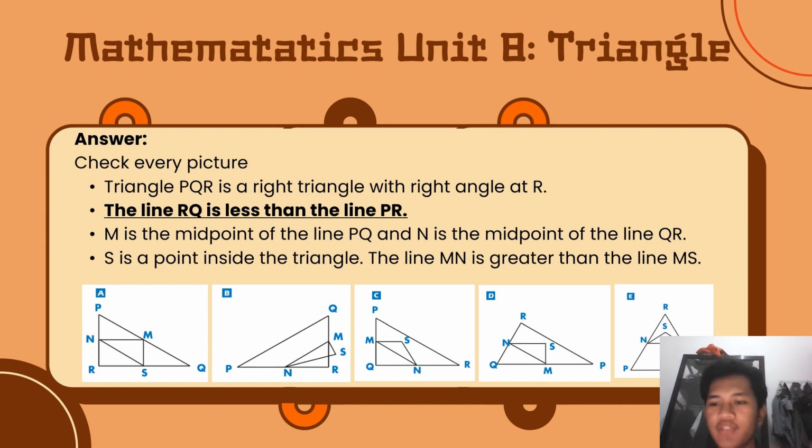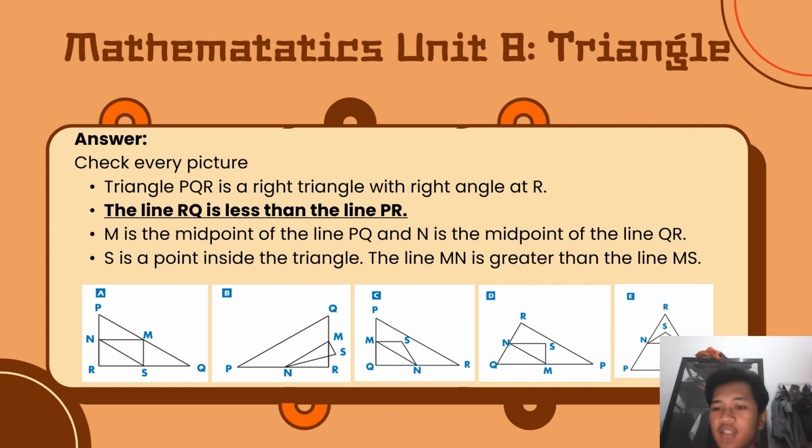And then picture C. Picture C is wrong because line PR is the hypotenuse, and the hypotenuse is always more than any other line in a right triangle. So picture C is wrong. Okay, let's move to picture D. Picture D is correct because if we take a look at the picture, line RQ is less than line PR.